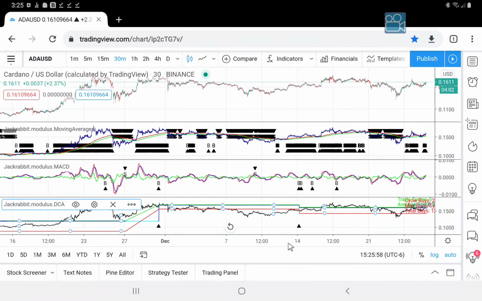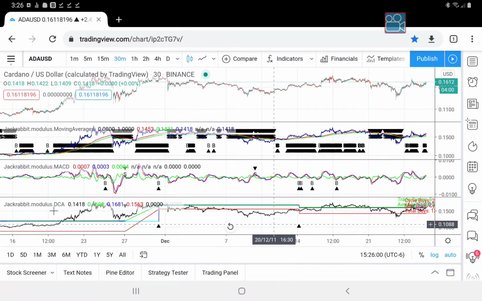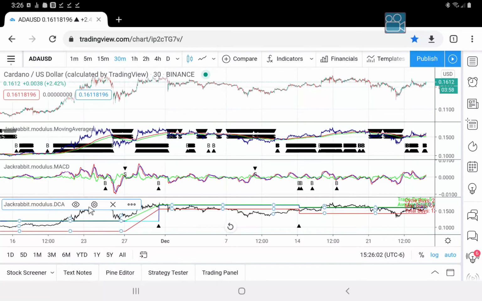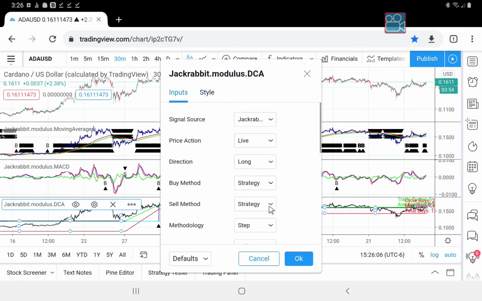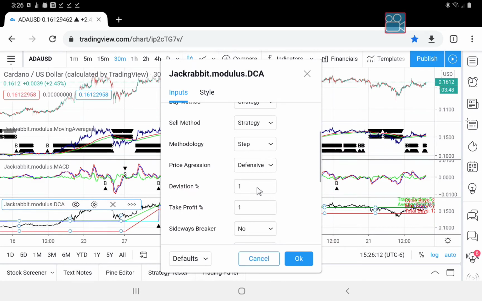There we go. Now the default for the DCA module is strategy mode for your sell method. And I'm going to put this where I would normally put it, which is to require a $600 budget.